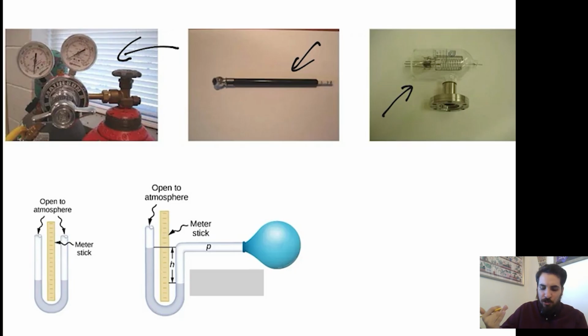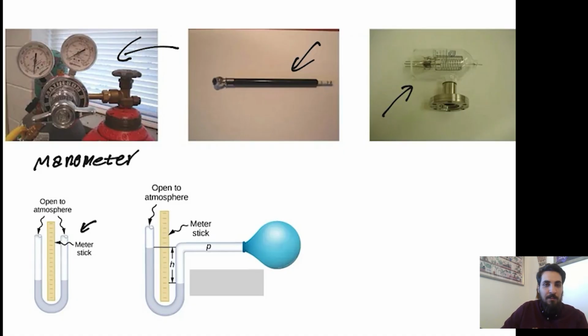So pressure gauges exist all around us, and it's, again, useful to know how we measure pressure. And one of the most simple pressure measuring devices is a manometer. Essentially it's a tube that is open on one side. This tube on the left is open to both, I'll explain why in a second. But it's a tube that is bent in a U shape and open on both sides.